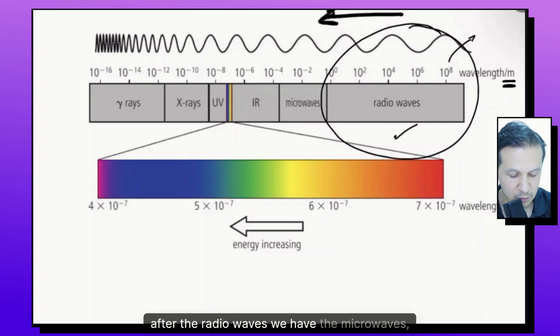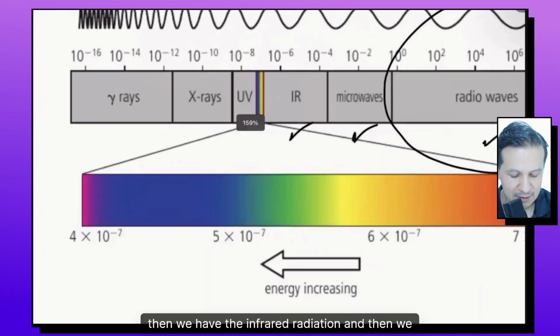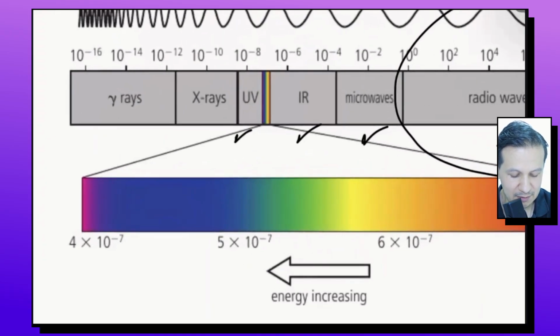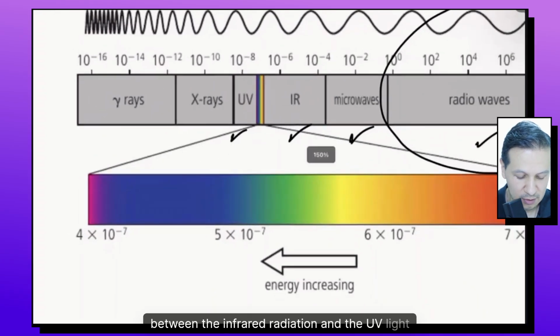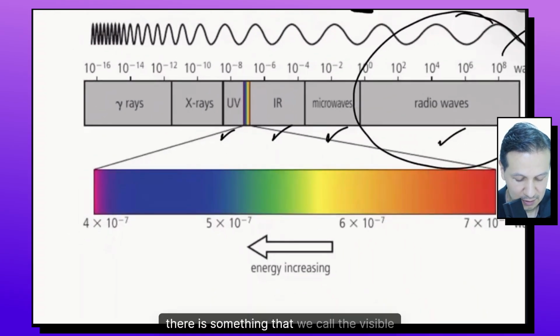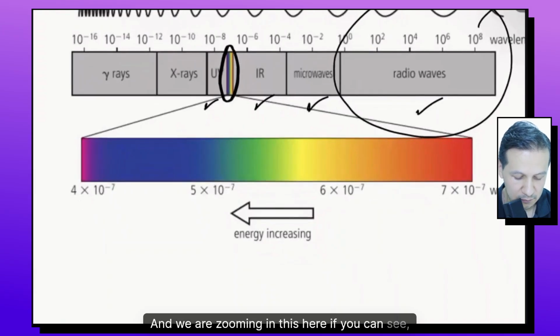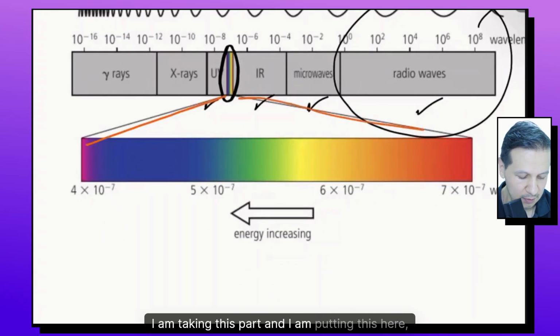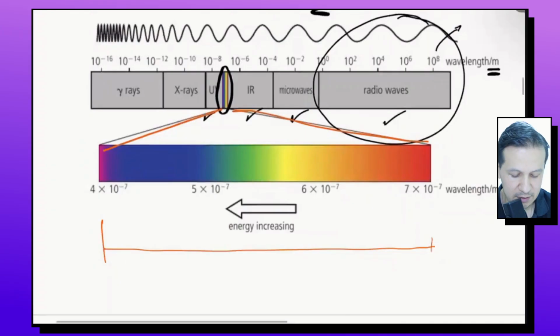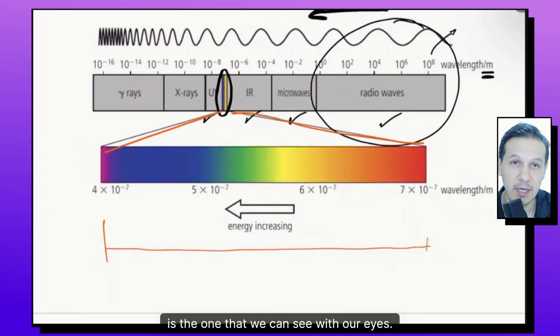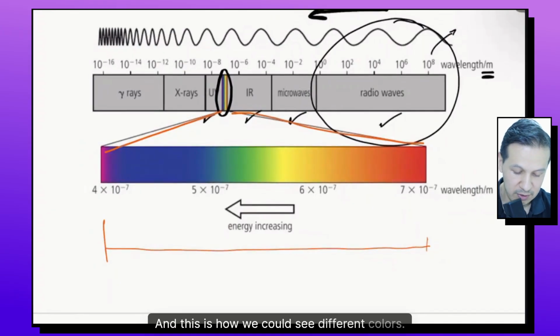After the radio waves, we have the microwaves, then the infrared radiation, and then the UV light. But between the infrared radiation and the UV light, there is something we call the visible spectrum, and we are zooming in on this here. I am taking this part and putting it here. This energy is the one we can see with our eyes, and this is how we see different colors.